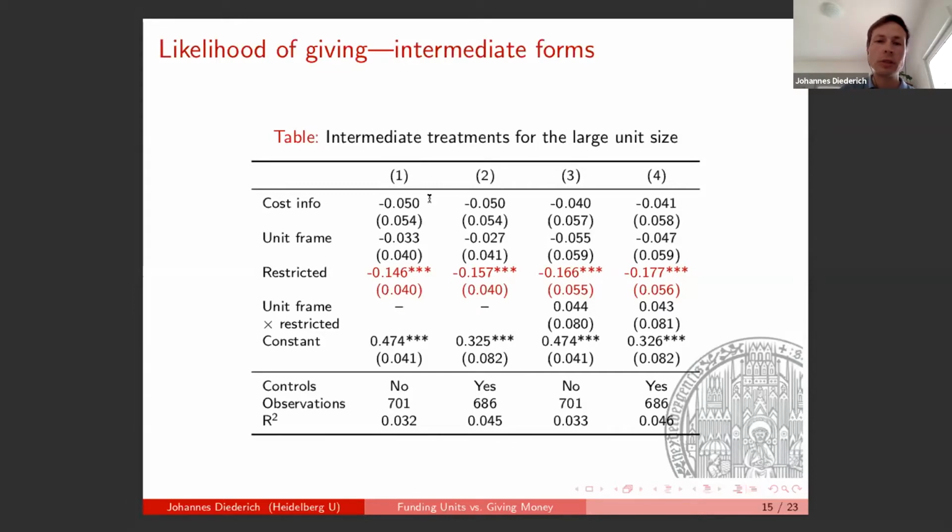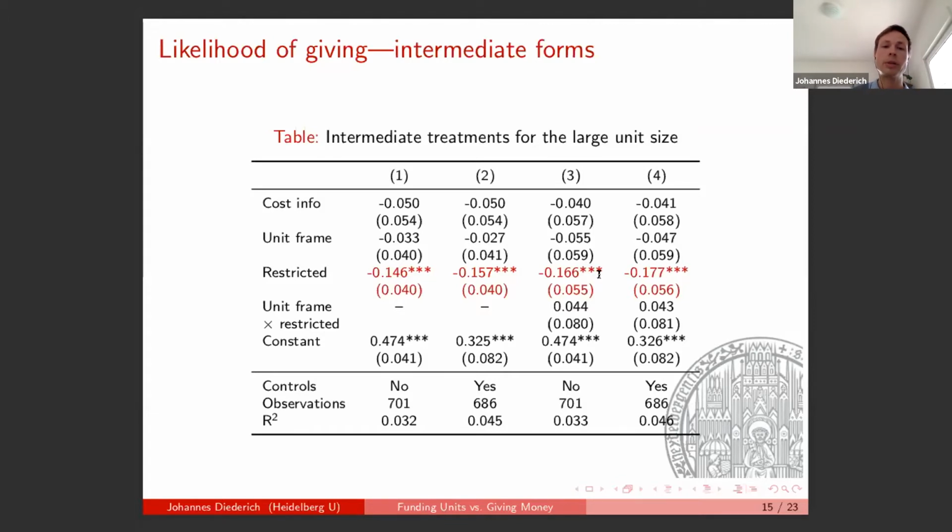Only giving the cost info doesn't do much. Changing the frame doesn't do much. There's also not a significant interaction effect between the framing and the restriction. So it's really the restriction of the choice that has an effect here.